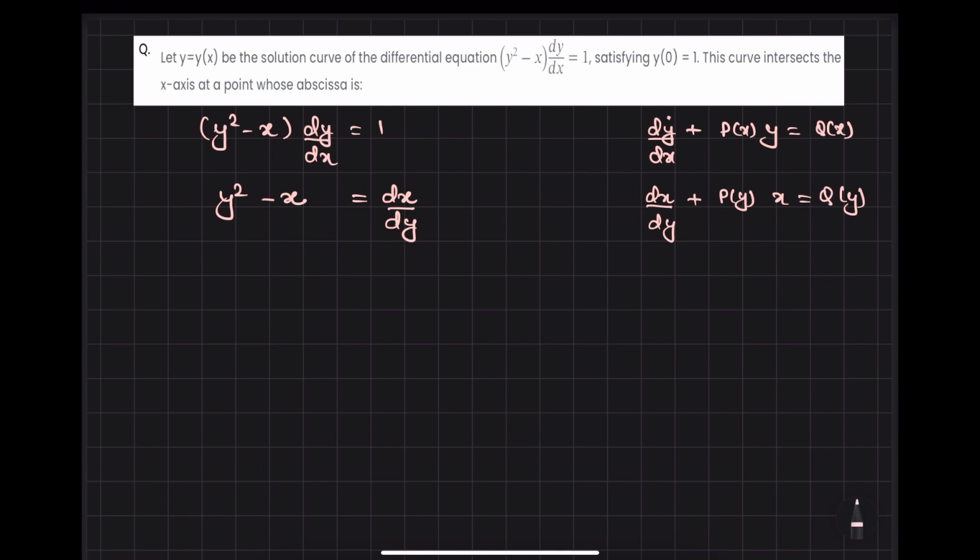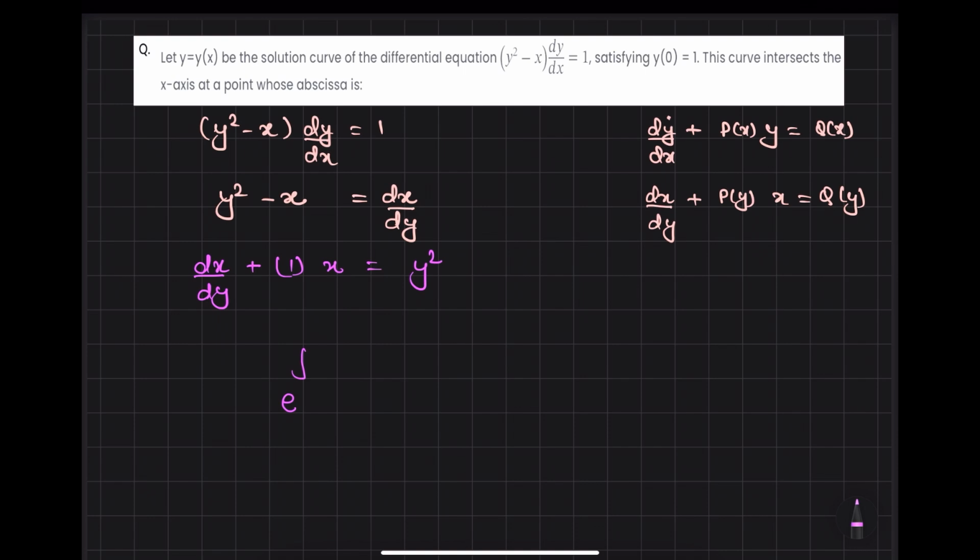Now the idea is, we have to change things, in place of x we will be writing y, in place of y we will be writing x. So can I write this as dx/dy, send x that side, so we will have dx/dy plus x equals y². Now, can I write e to the power integration of p?